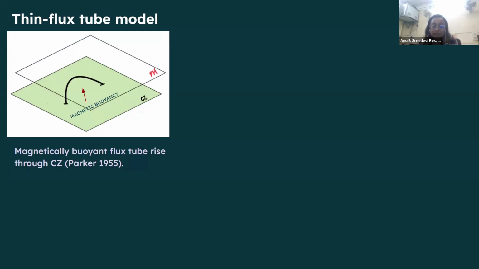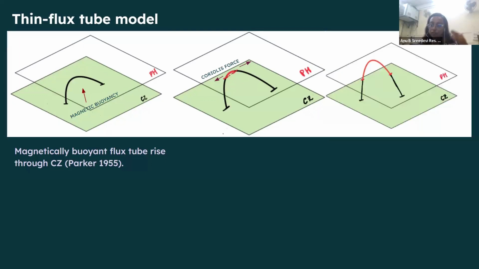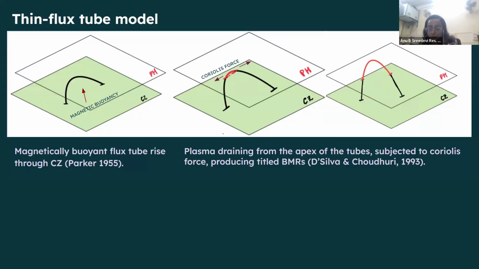Due to magnetic buoyancy, they rise up through the convection zone, and the flux tube pierces out of the photosphere, which we see as flux emergence, and eventually becomes a sunspot on the photosphere. As the flux tube rises, there is draining plasma, which is subjected to Coriolis force, and that causes a tilt in these regions. This was proposed by D'Silva and Choudhuri in 1993.